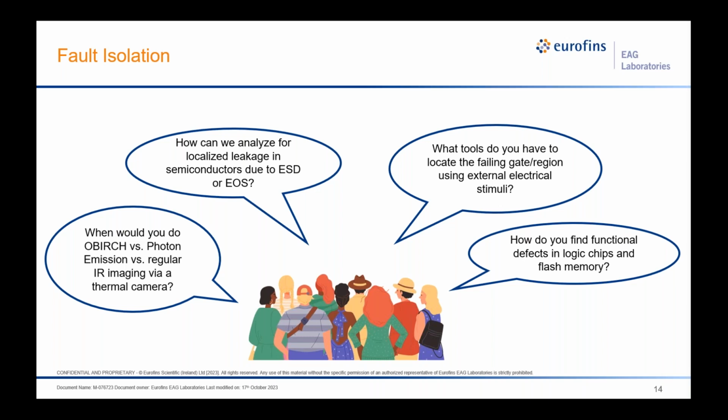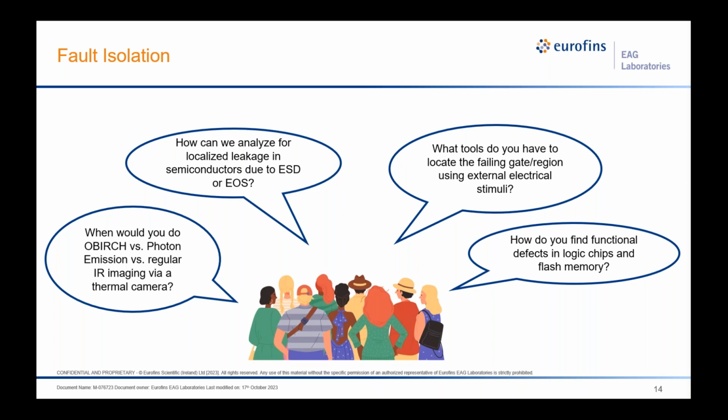Thermal imaging is great in that, when you're detecting the longer wavelengths, you're essentially detecting the heat coming from your device, so it depends on the power dissipation. The heat can permeate to the top and heat up the top of the device, but it requires quite a bit of power dissipation, so the sensitivity might not be as good as OBIRCH and photon emission. There's a lot to talk about with these three techniques, but I think I have to stop here.